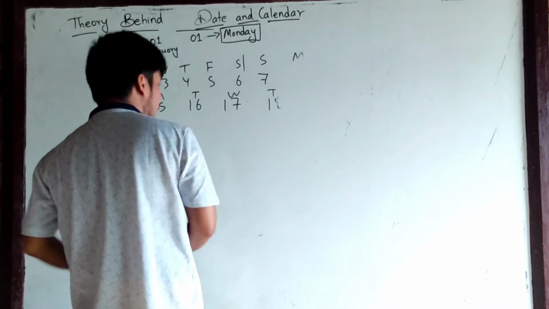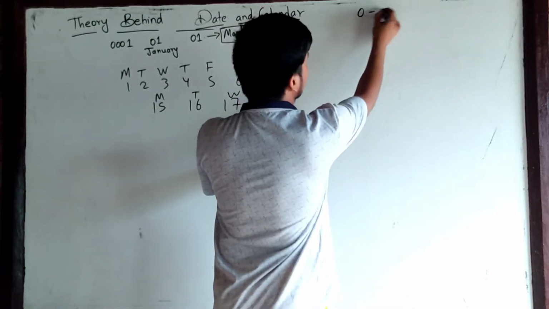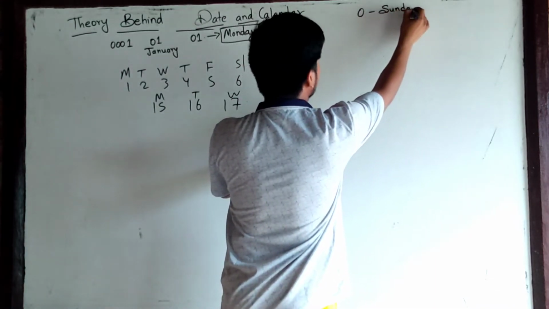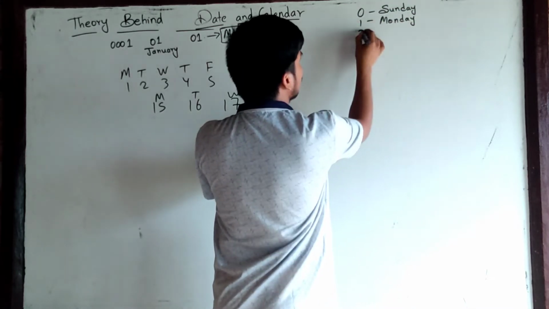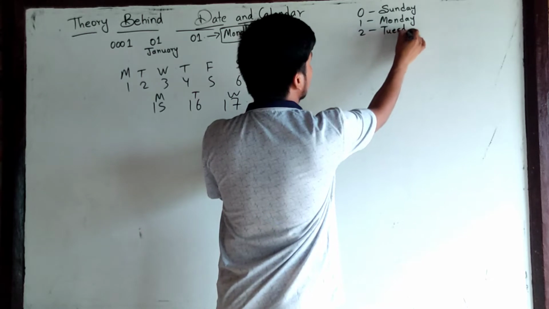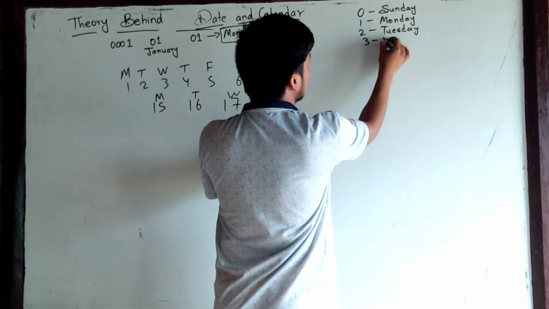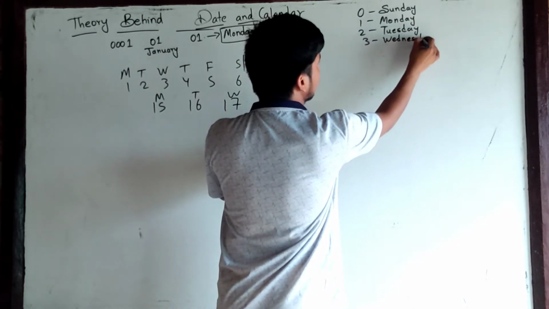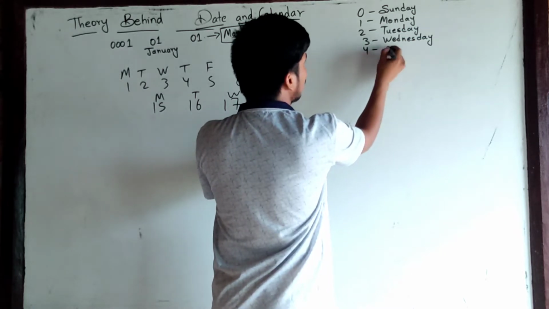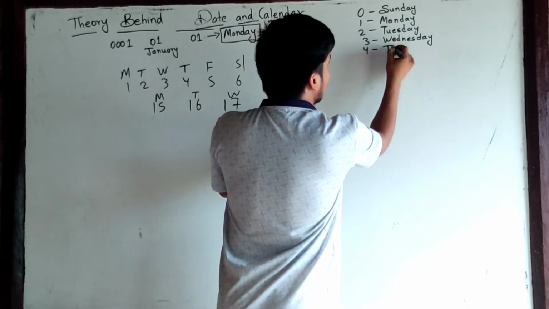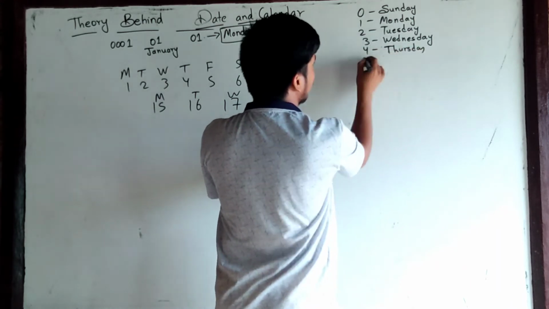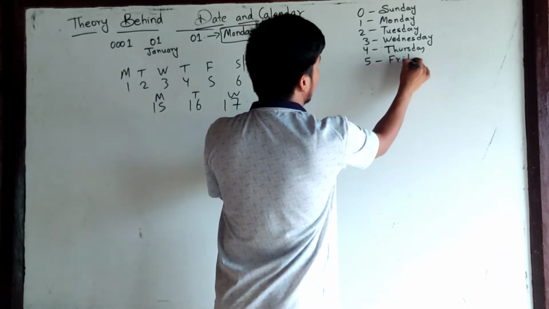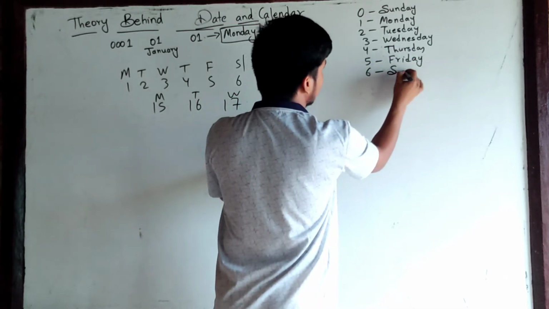If the number of odd days comes to be 0, then it's Sunday. 1 is Monday, 2 Tuesday, 3 Wednesday, 4 Thursday, 5 Friday, and 6 Saturday.